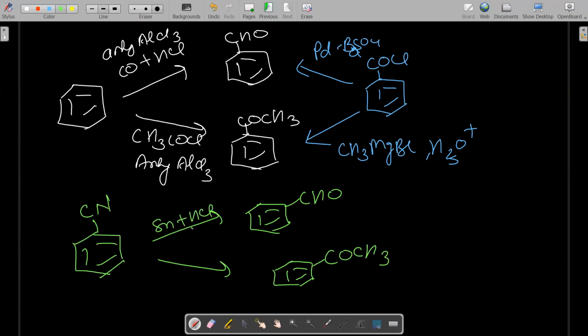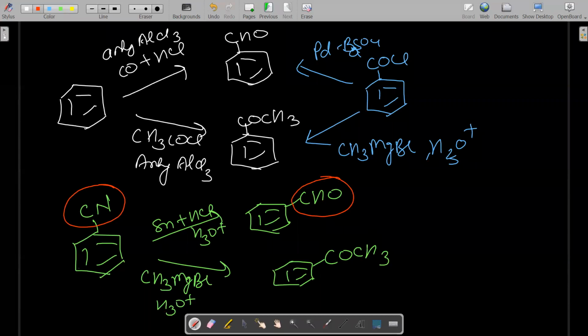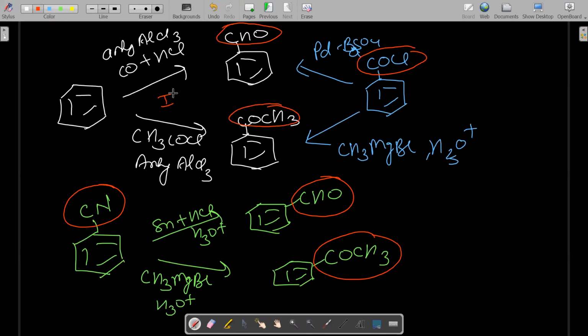Stephen reduction, and here Grignard reagent. So I hope it is clear to all of you what the ways are to remember cyanide to aldehyde or cyanide to acetophenone, what reagents are required. COCl to benzaldehyde or COCl to acetophenone, what reagent. So these you can learn. We have just learned this second route and this third type of reactions.